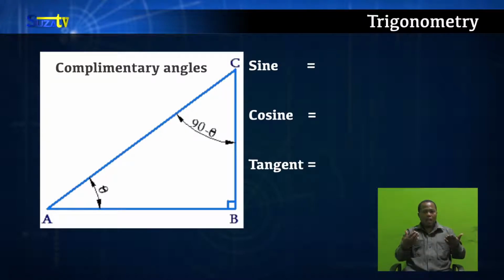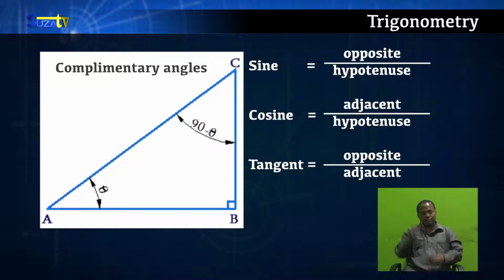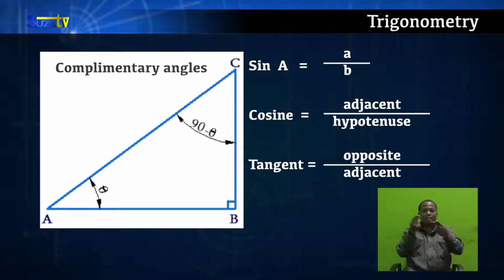Now recall the definition of sine, cosine, and tangent. Yes, sine is equal to opposite over hypotenuse. So from the triangle here, sine A is equal to a over b.